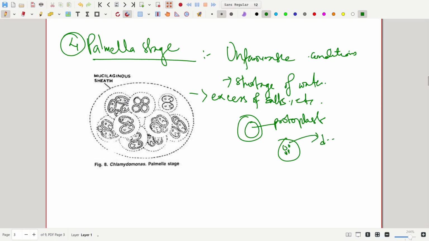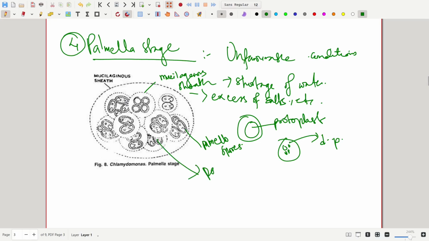Each daughter protoplast secretes a mucilaginous sheath around itself that protects it, and it does not develop flagella. These daughter protoplasts are known as palmellospores, and the protoplast divides slowly to form an indefinite number of spores.